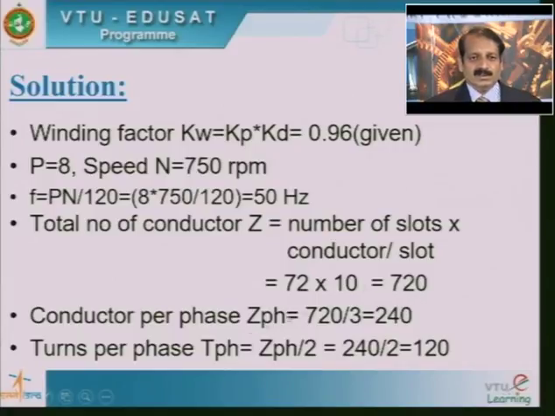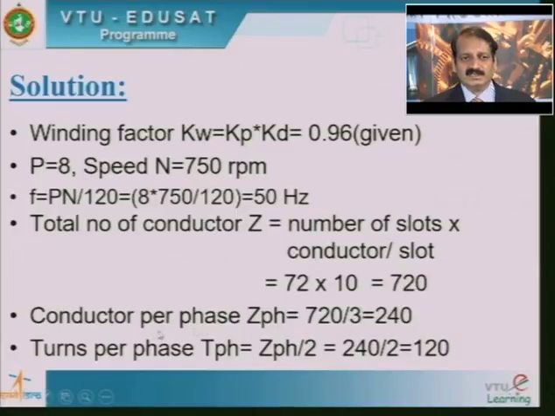All these 720 conductors are housed in 72 slots. Since the winding is designed for 3 phase, for each phase we will have 720 divided by 3.